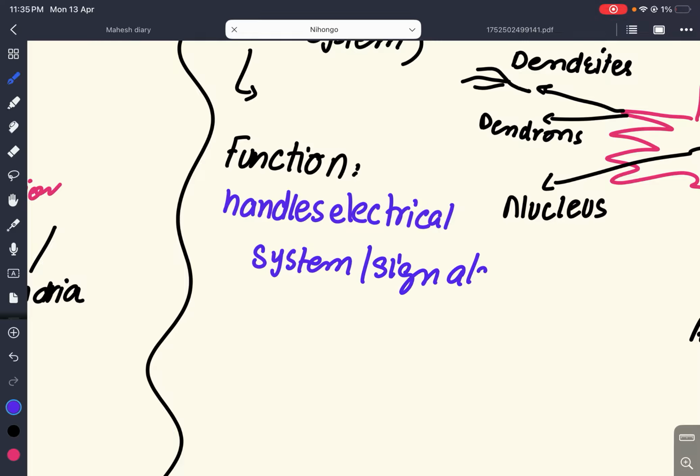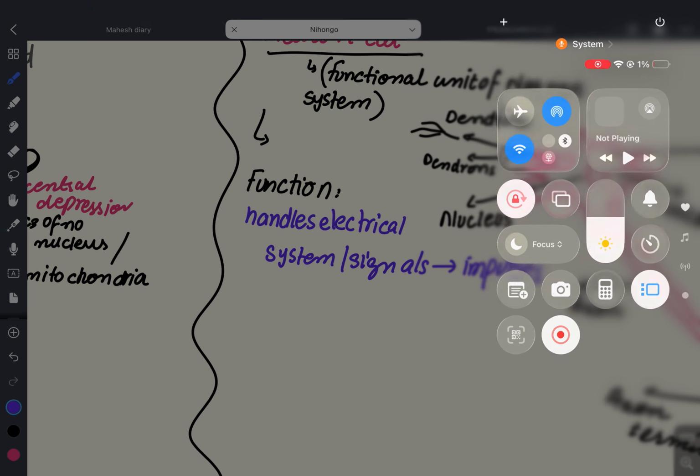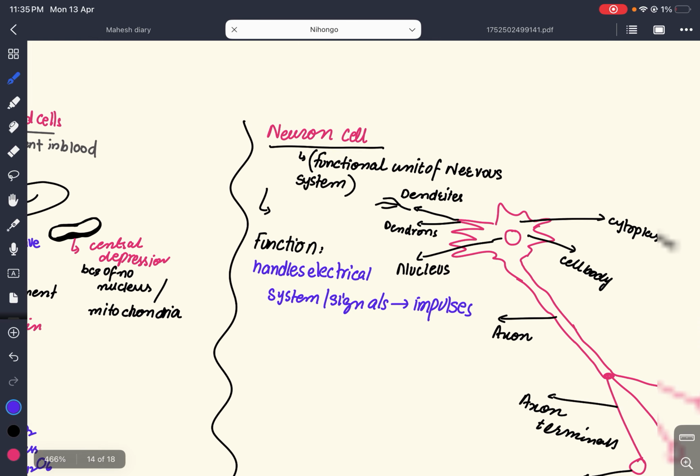Electrical signals, or you can say impulses. For example, if something hot touches you, how do we know suddenly that it is hot? It is because of those electrical impulses, right? It is all because of the impulses and the signals that your body gives.